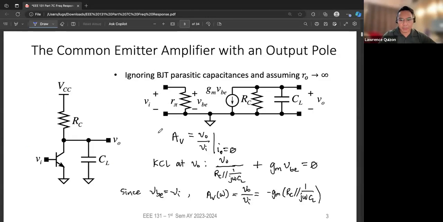All right. So first off, let's talk about what happens when we introduce a bypass capacitor.